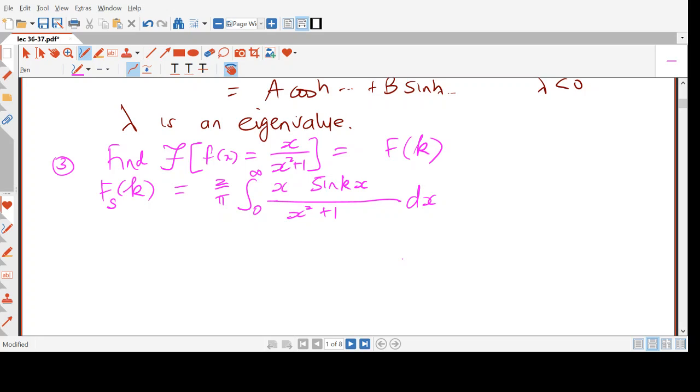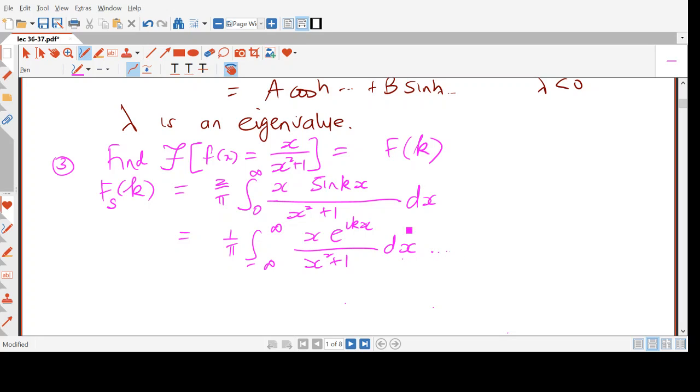So we can probably convert this, by using the principal value and so on, to 1 over pi integral from minus infinity to plus infinity x e to the i kx over x squared plus 1 dx.